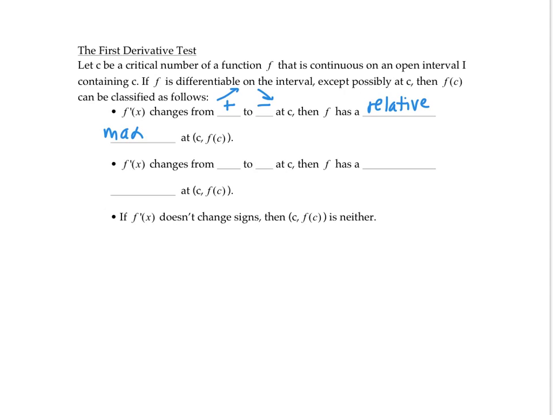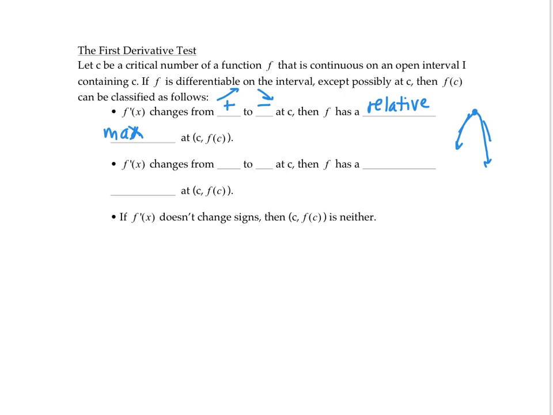So I'm just going to say relative max. Okay, because imagine if your graph was increasing and then decreasing. So we're looking at the slope increasing and now the slope's decreasing. So something had to happen at that point right there, and it would be a relative maximum.